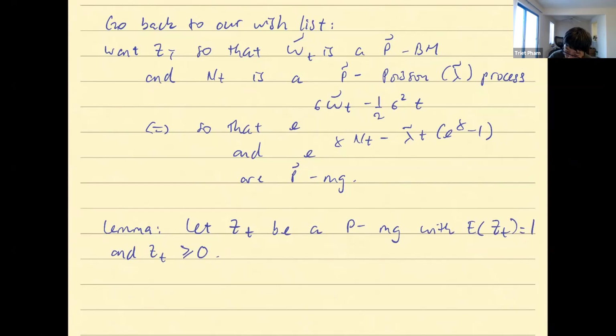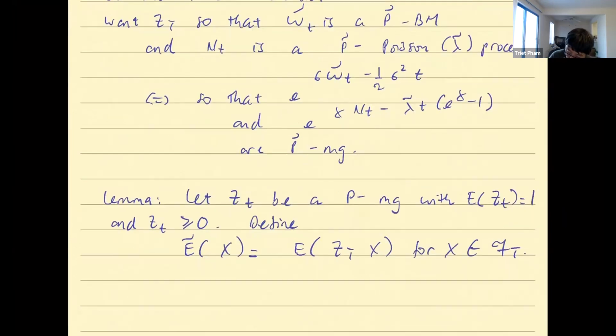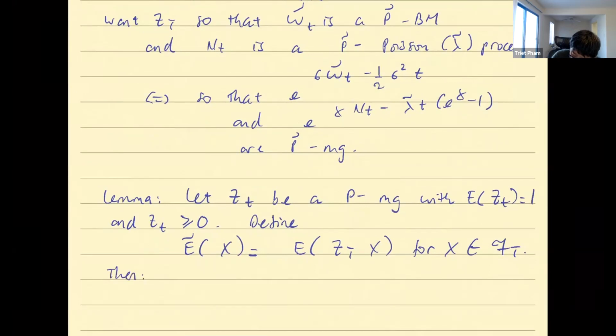Then, let me say this. Define expectation tilde of X to be expectation of ZT times X for X in FT. Then the following happens.